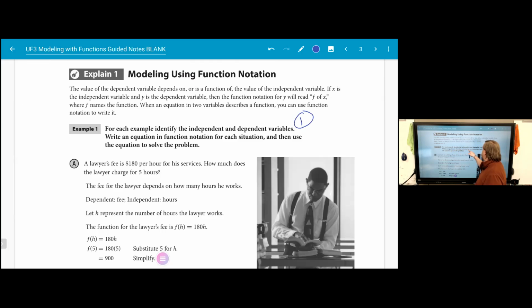Write an equation in function notation, that's a second thing. And then the third thing is to solve the problem. With these questions, I don't just want an answer. I want the process of how you get to that answer, that solution in context, all right?